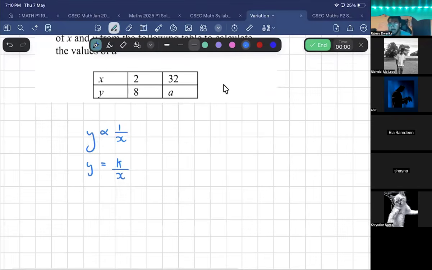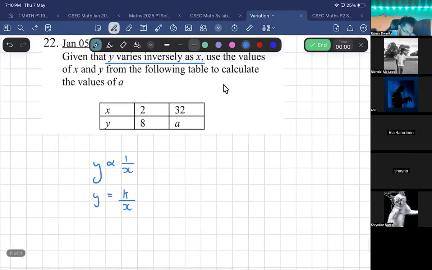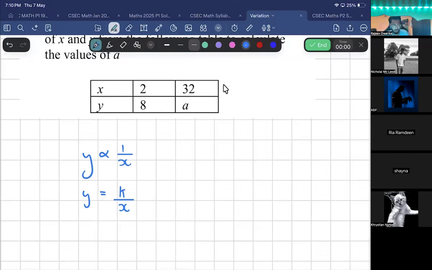And so you typically always find for k, right? But to find k, you need an ordered pair, you need a solid piece of information. So what are we gonna use? We take the 2 and the 8 from the table. Why should I not use 32a? Because we don't know what a is for y.